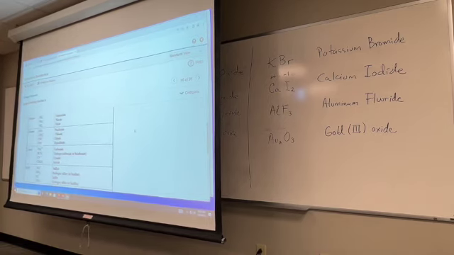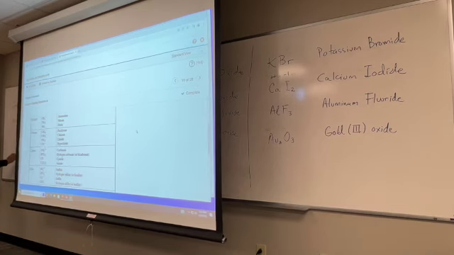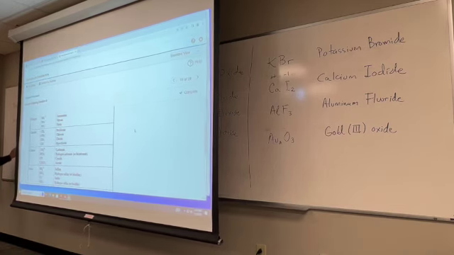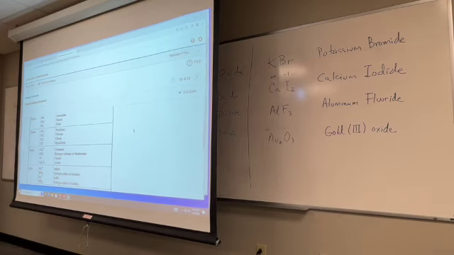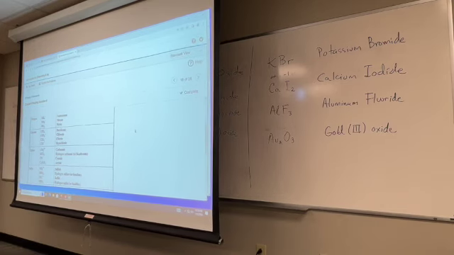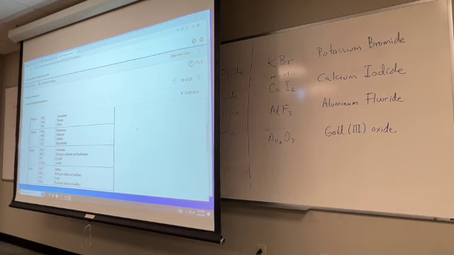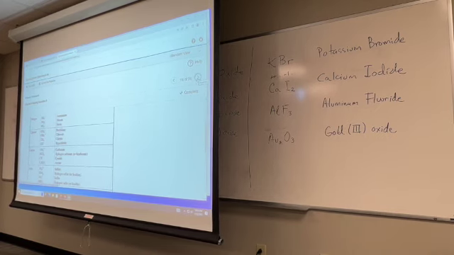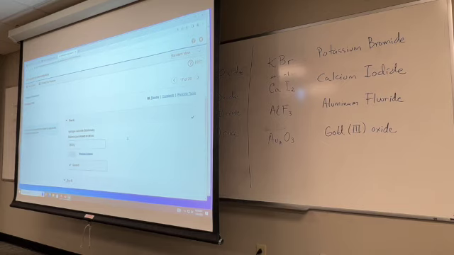ClO4 with a -1. Just minus, like that. Don't put the 1 because I guess it doesn't like it. You can always either take a screenshot of this table or find a table on the internet with polyatomic ions. That's what I'm going to do, take a picture of it. And then when we do the home study.